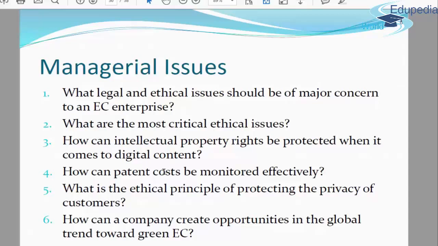What are the most critical ethical issues? How can intellectual property rights be protected when it comes to digital content? How can patent costs be monitored effectively? What is the ethical principle of protecting the privacy of your customers? Okay, before that, number 4, how can patent costs be monitored effectively?